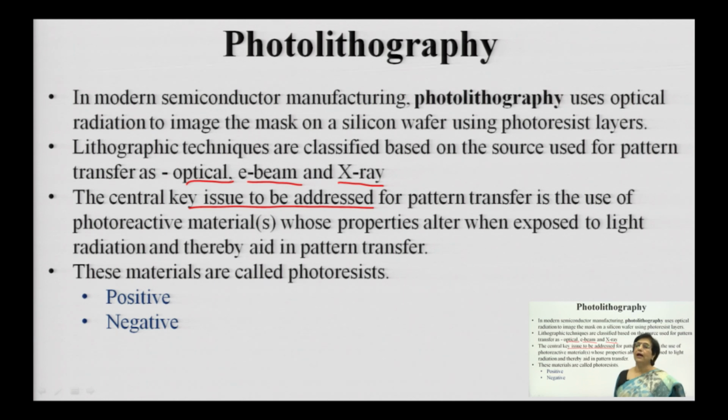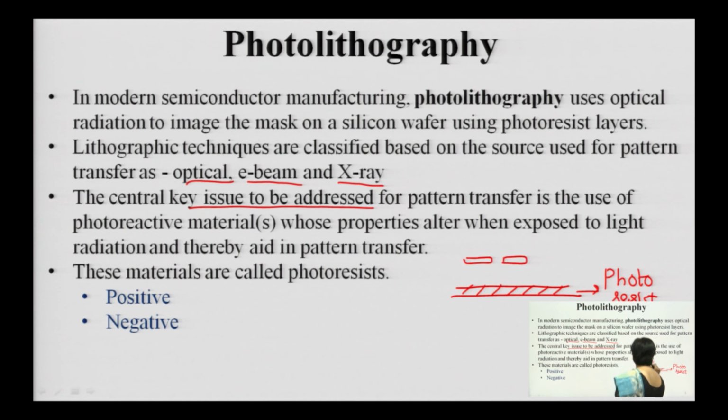To transfer the pattern, the wafer, or the particular area, must first be coated with some photosensitive material, and that material we call photoresist. This photoresist is a photosensitive material, and once it is coated, you put a mask on it, which has patterns on it, and the light beam is focused onto it.